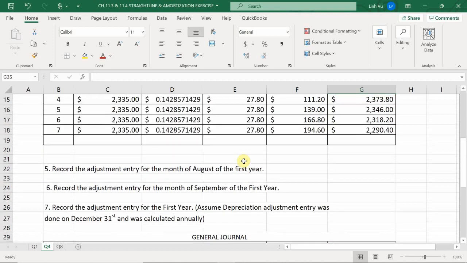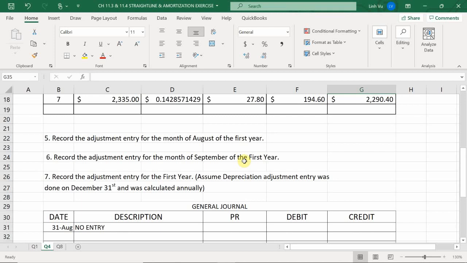So then now, question number 7 says, record the adjustment entry for the first year, assuming that depreciation adjustments are done at the end of the year, December 31st, and it was calculated annually.